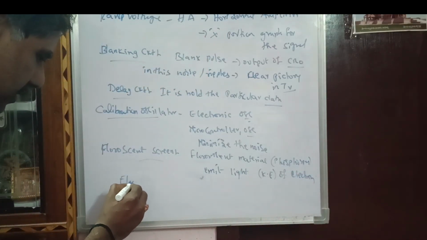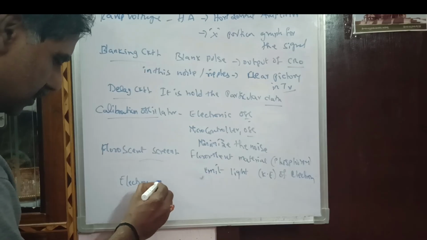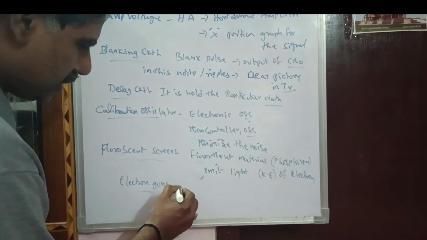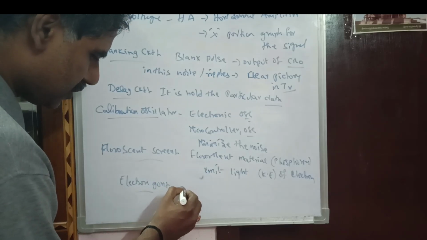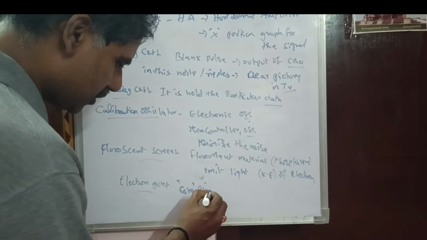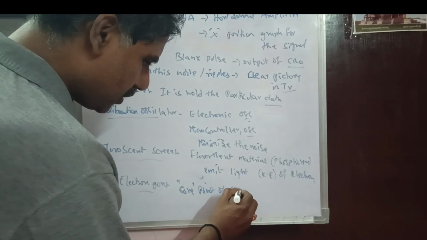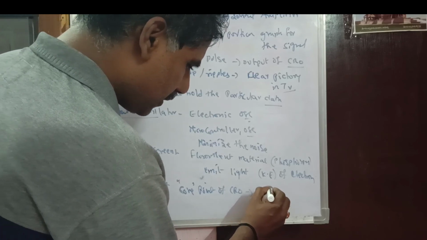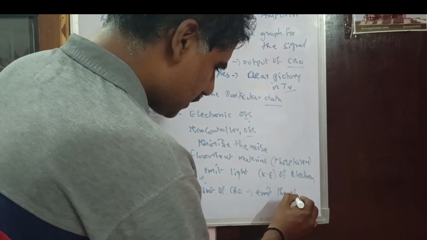Another one is the electron gun, nothing but it acts as the core point of a CRO in order to emit the electrons.